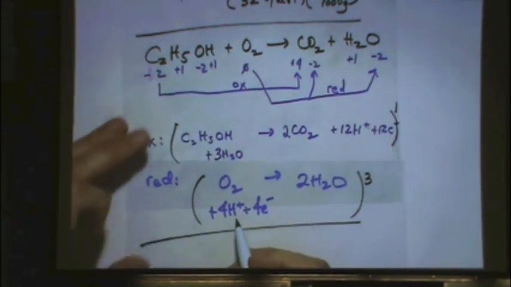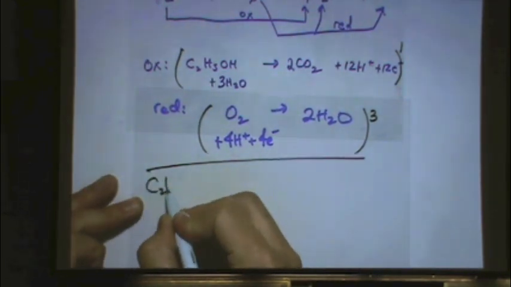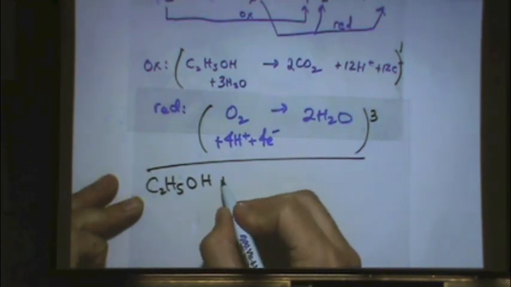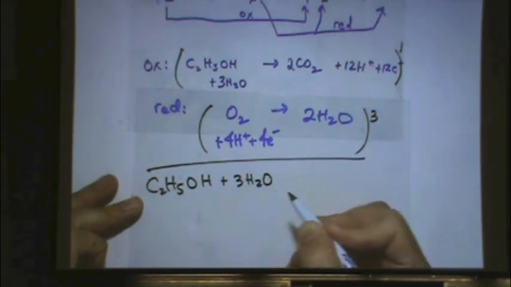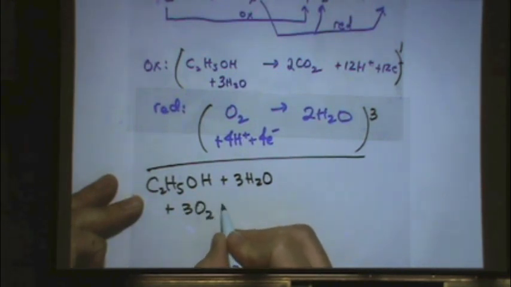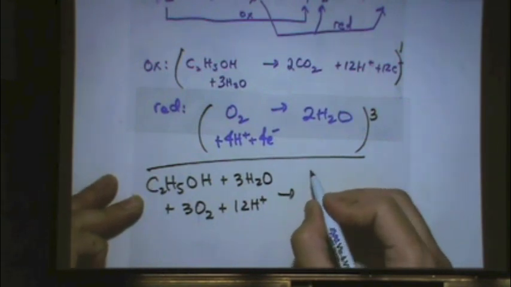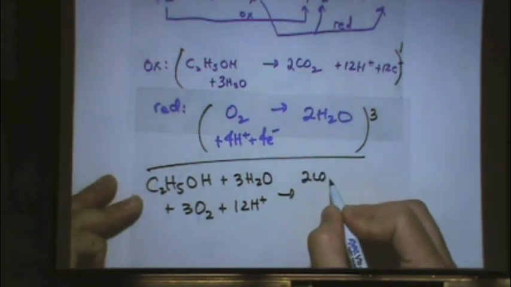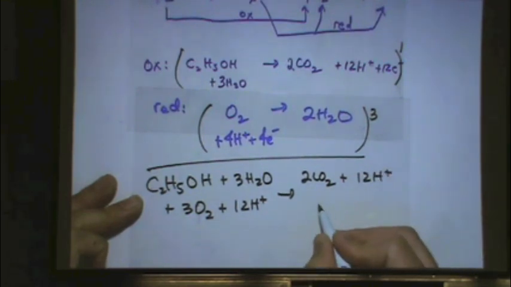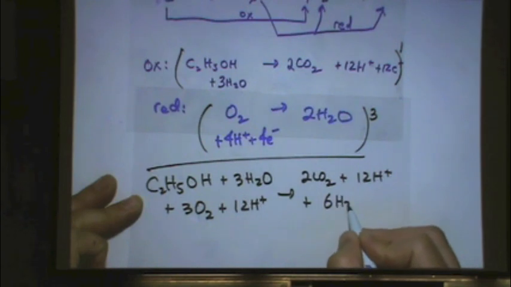So now, add this all up. C2H5OH plus 3H2O. I'm going to write all the reactants. Plus 3O2 plus 12H plus. That goes to 2CO2 plus 12H plus 6H2O.